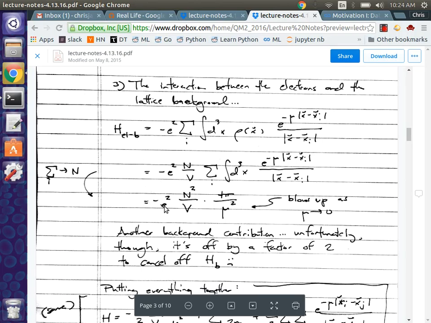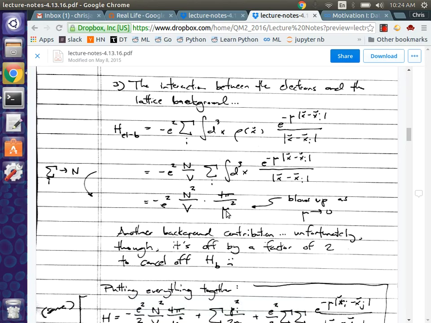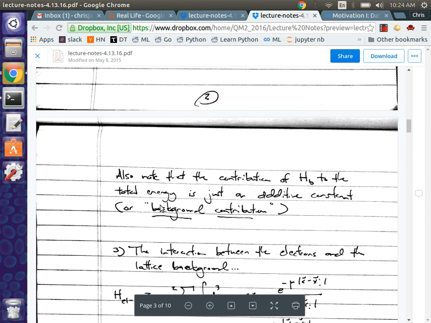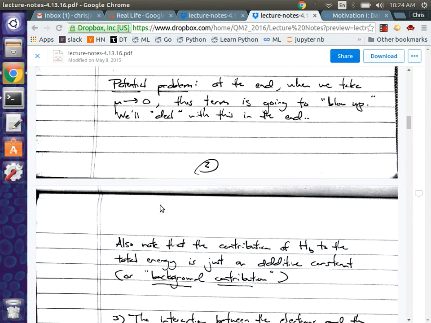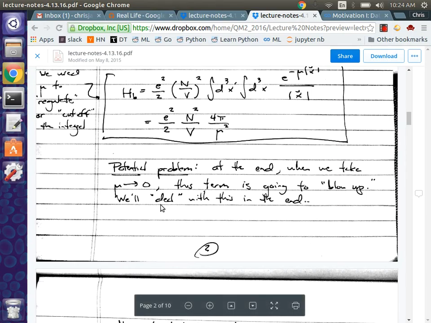In the end, I get this H_eB term as minus e squared N squared over v times 4 pi over mu squared. Again, I see that this thing blows up as mu goes to 0. You might say, wait a minute, this one has a negative sign while the one we had before has a plus sign, so maybe they cancel each other out.